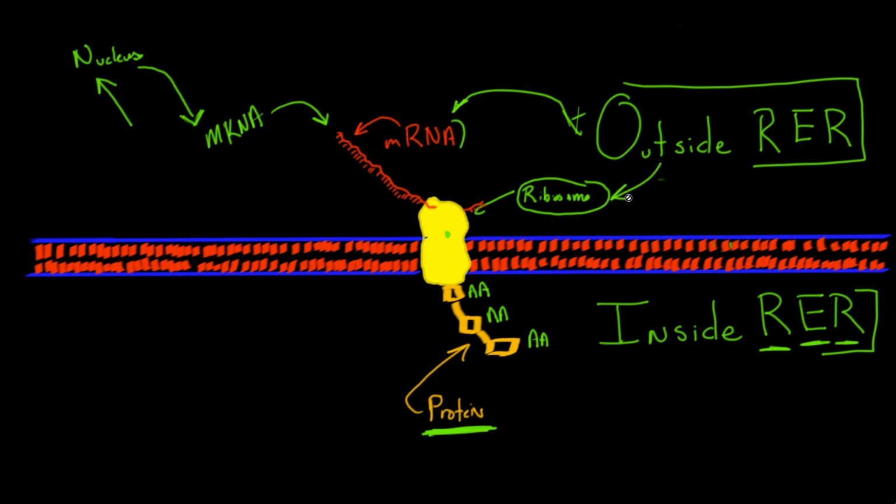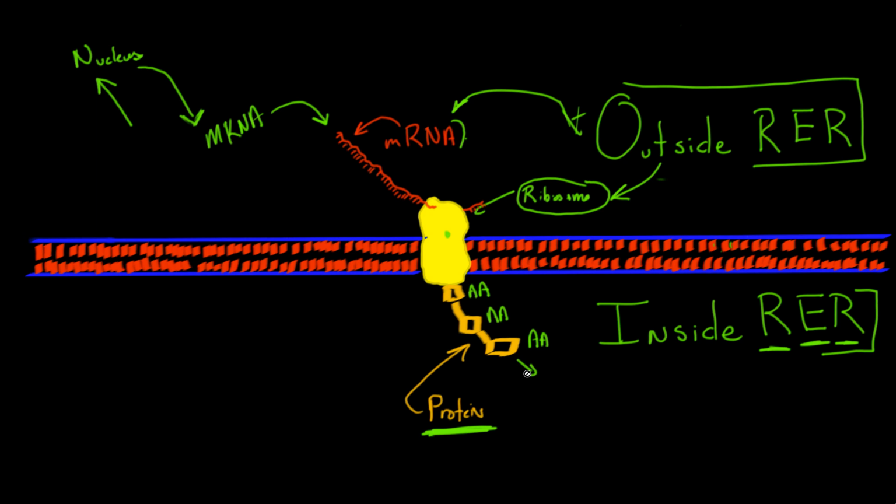And then go back to the function here. The ribosomes convert the mRNA to a strand of proteins inside of the rough endoplasmic reticulum. And these proteins then can be processed and things can be done with them. So that kind of gives you an idea of what's happening on the surface of the rough endoplasmic reticulum.